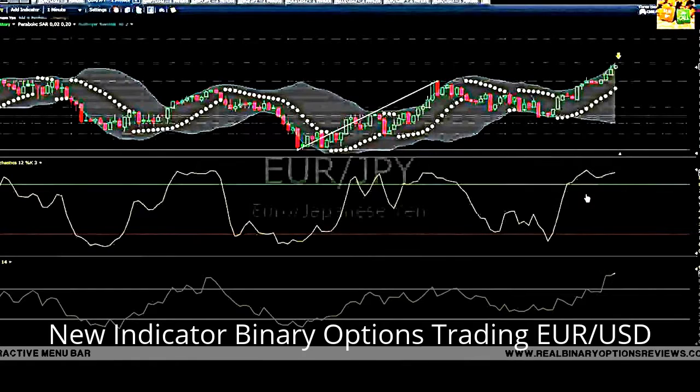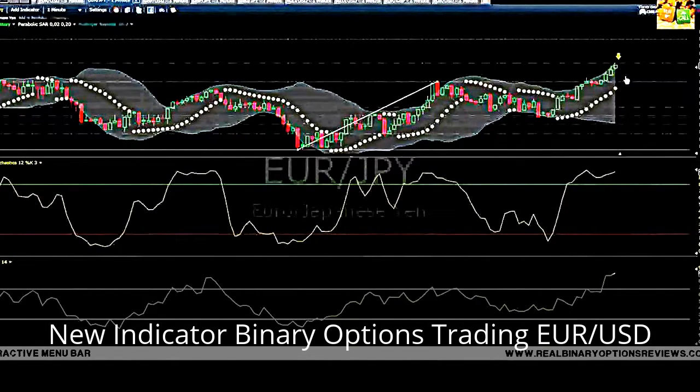And I entered this trade a bit earlier because I saw that the stochastic indicator was quite high, and you can see the RSI is on the level 91, which is a very high level, so I didn't want to miss this opportunity, and I hope I gave it enough time, which is 5 minutes, to expire as a winning trade. So you can still see price moving upwards a little bit, and I'm just going to fast forward this. We will see what will happen when the price touches the Bollinger level and if we get a reversal.